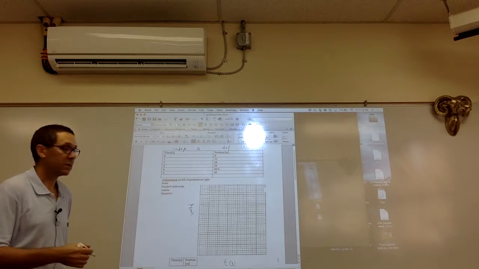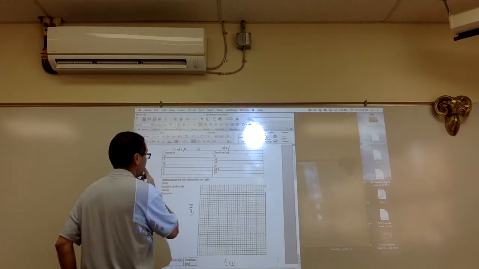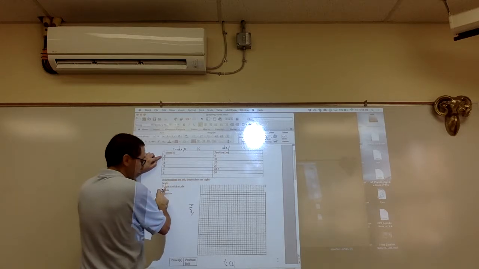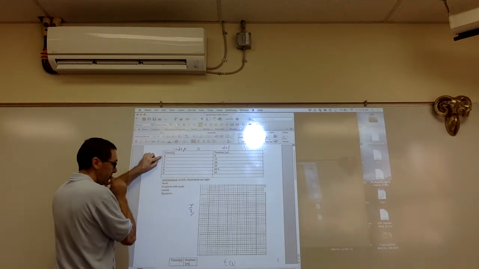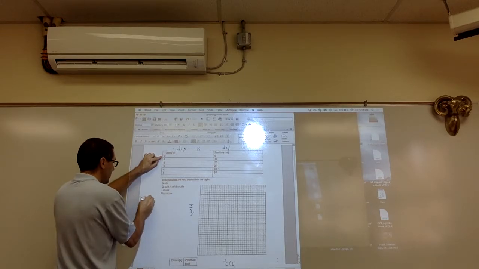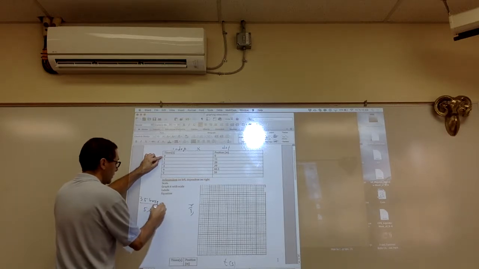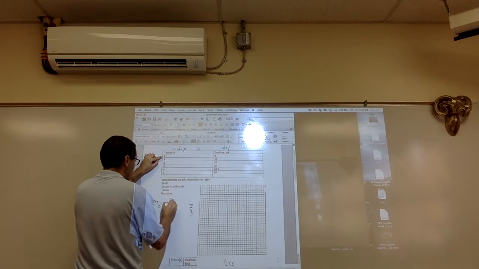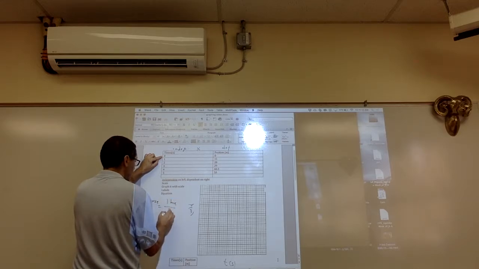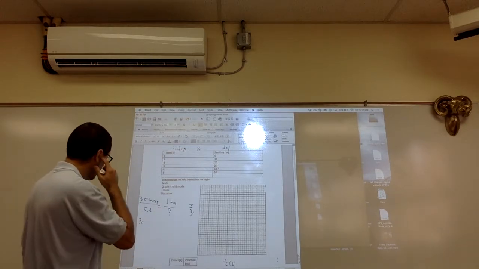Now how do I scale this? I think on the time axis it's pretty straightforward. I think I have 35 boxes and I have a maximum of 5 seconds to put in there. So I want to figure out how much each box is worth in seconds.